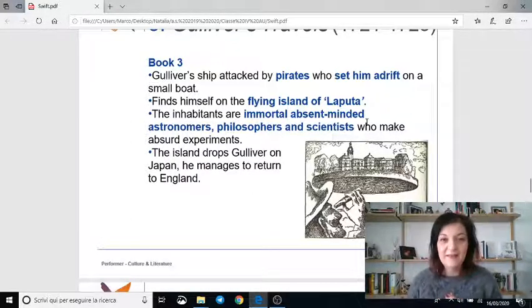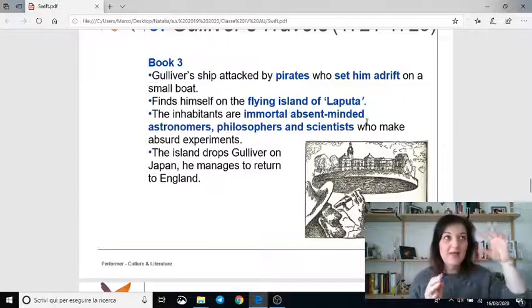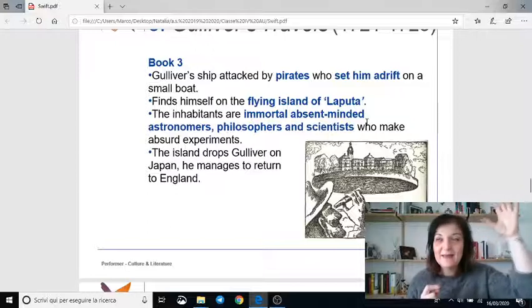Absent-minded. What does it mean? They are immortal, so they never die. Okay? And they are absent-minded. Absent-minded, con la mente assente, we can say. So they have their heads in the clouds.